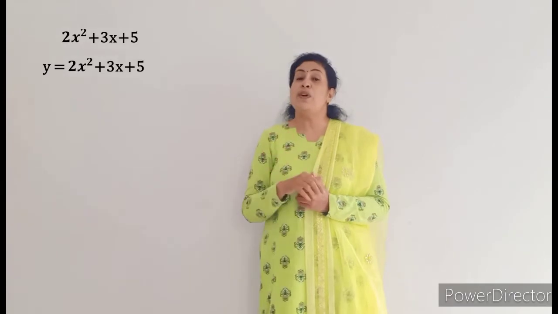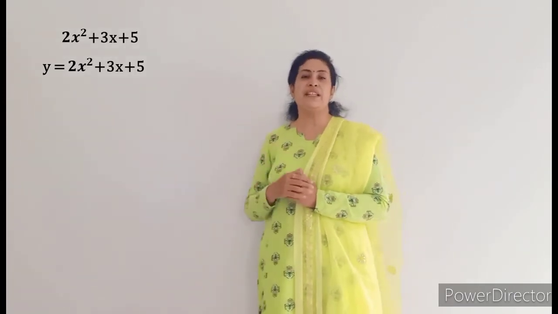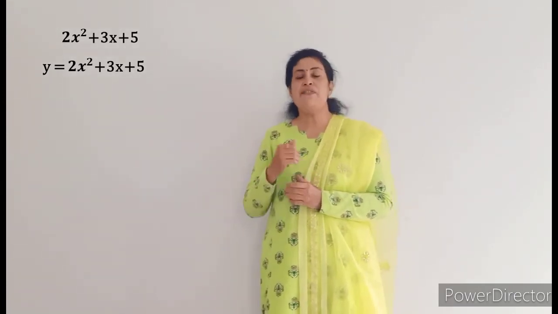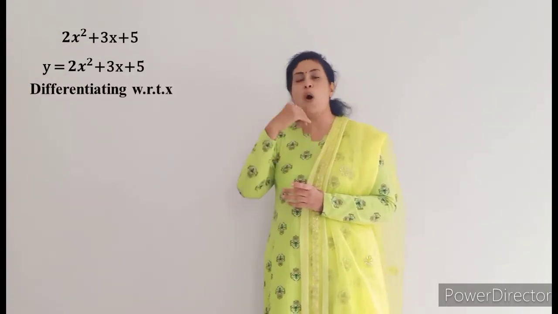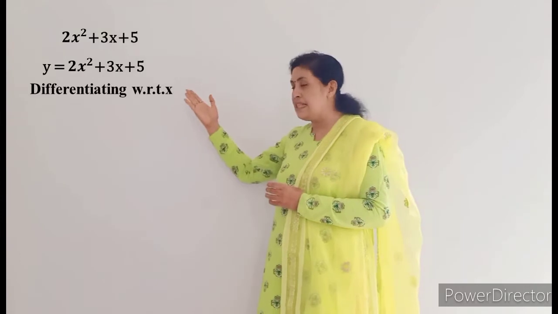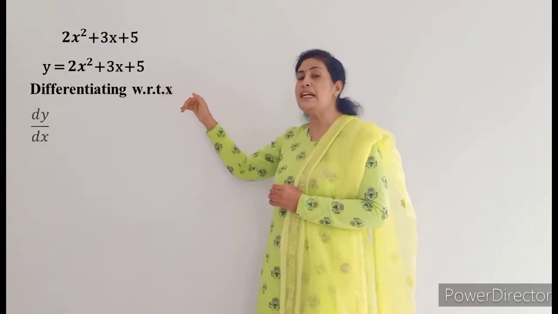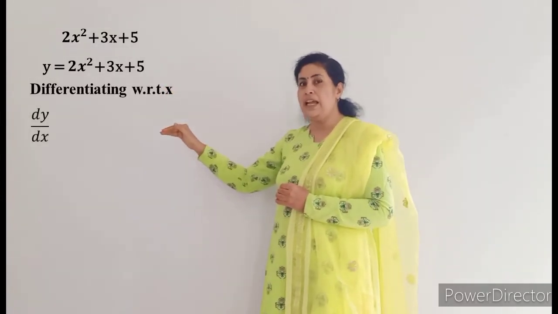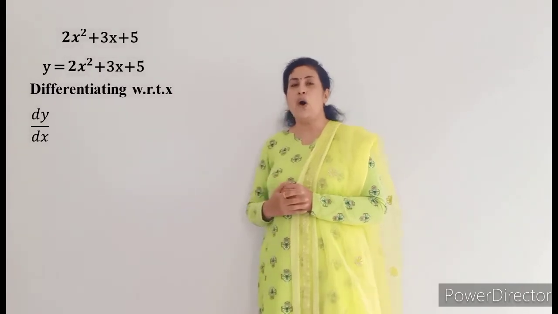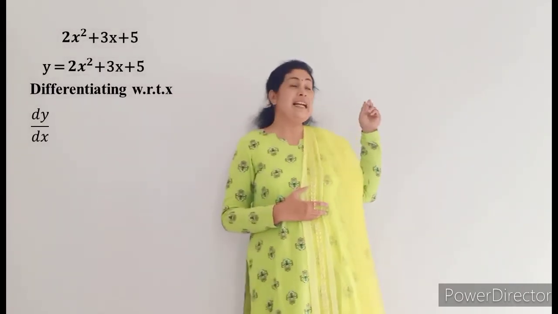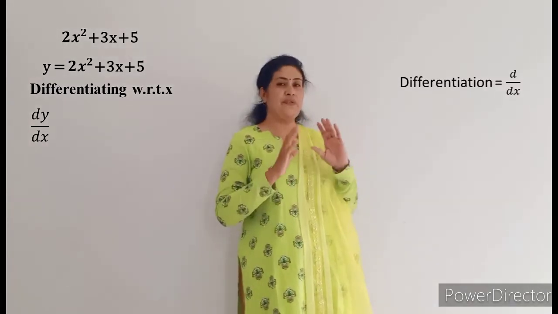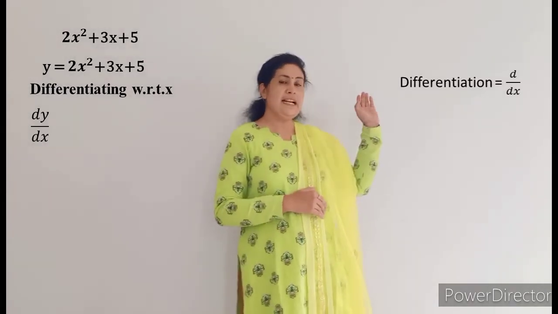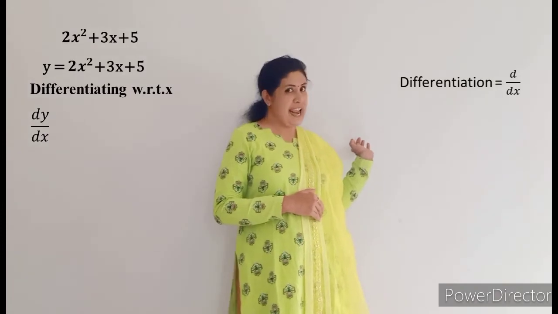Now we need to differentiate this function, and we differentiate with respect to x. Therefore, we always write it as, in this case, dy upon dx. In general, differentiation is always written as d upon dx.